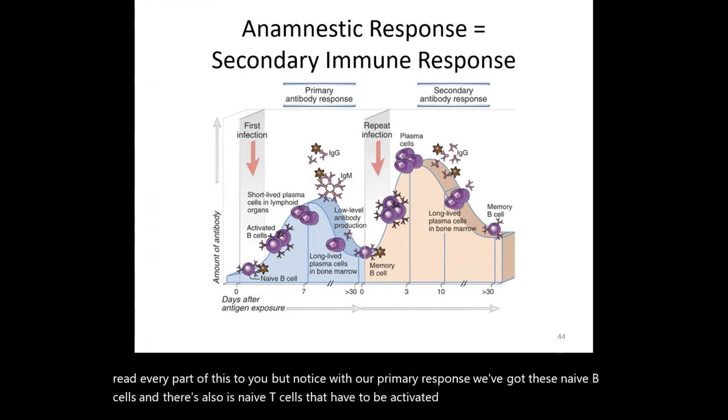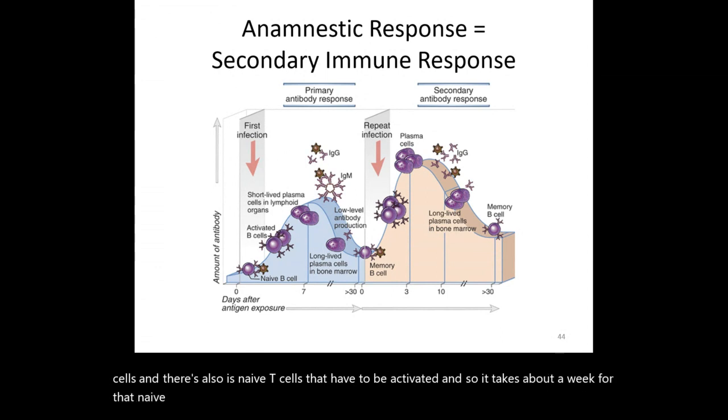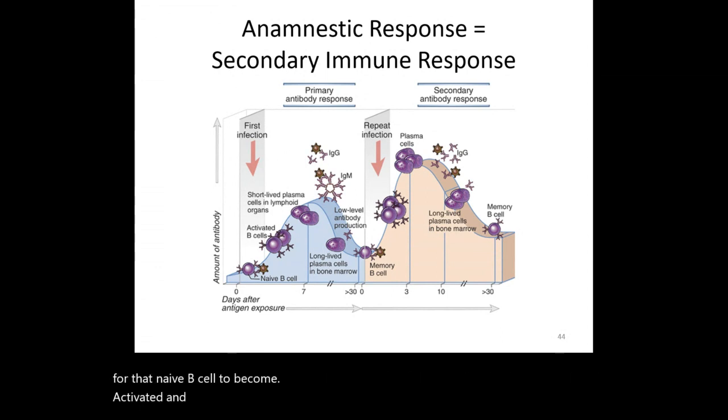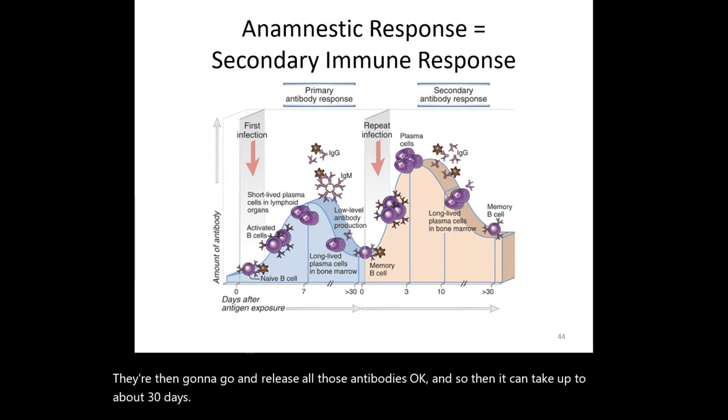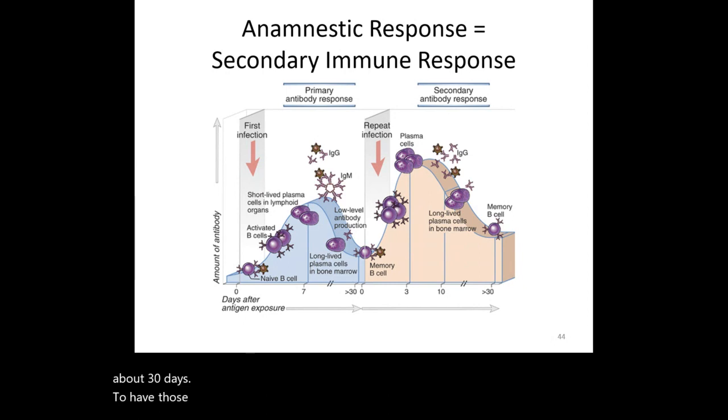It takes about a week for that naive B cell to become activated and to create some short-lived plasma cells that are then going to release all those antibodies. Then it can take up to about 30 days to have those long-lived plasma cells in the bone marrow and to generate those memory cells.